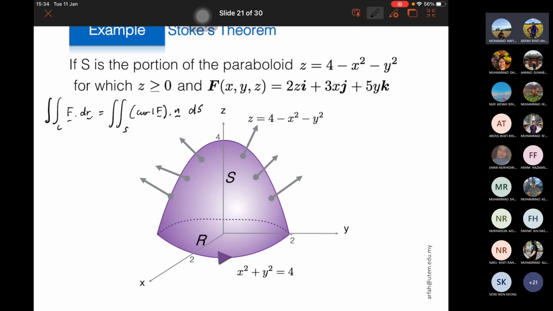Yep. So you were given this one, and then you have the given vector function. So for this one, first thing first, dapatkan curl of F. Okay, that is this one. Okay, and then find the unit normal vector.